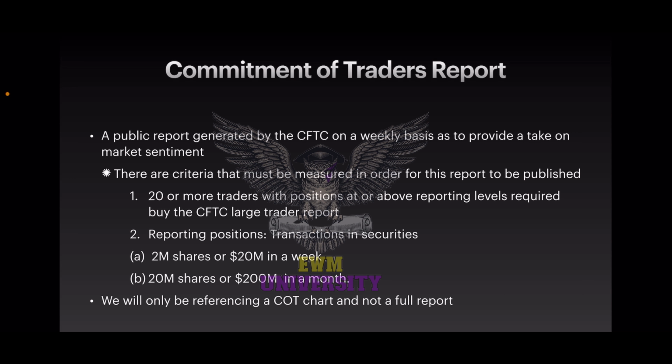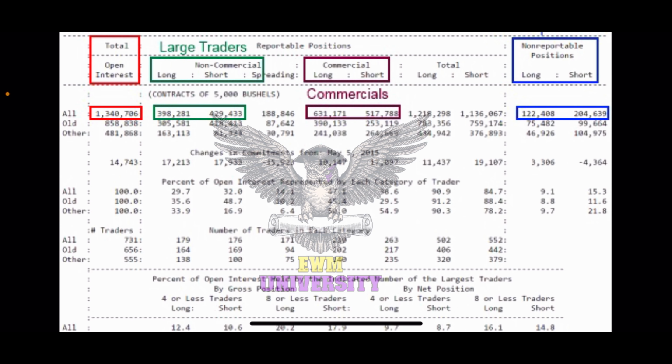But again, we will only be referencing the commitment of traders chart. So we'll see it in graph form, and I'll be able to narrate it for you. And we're not going to be too caught up on the report, but I will show you guys a screenshot of what a commitment of traders report might typically look like.